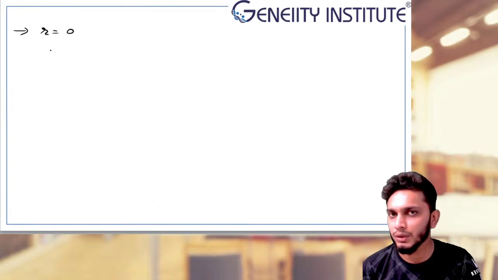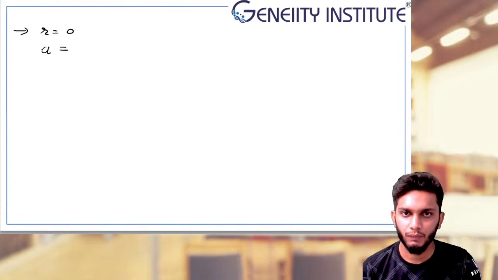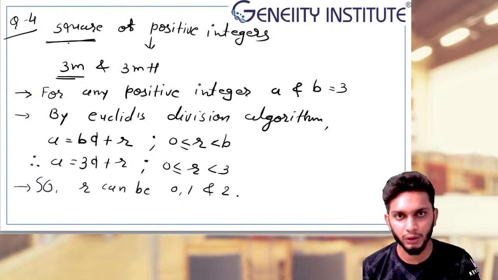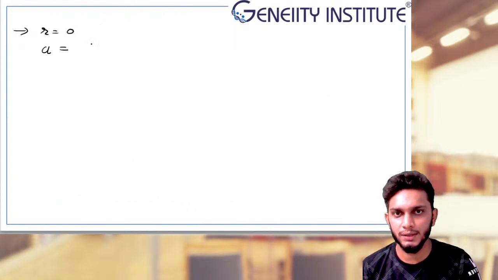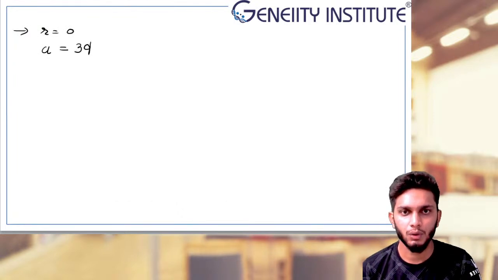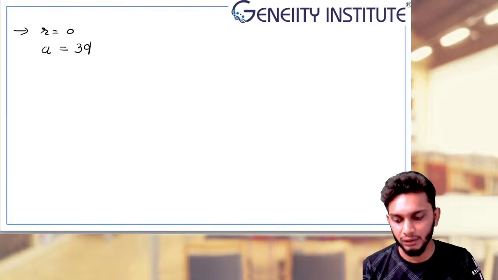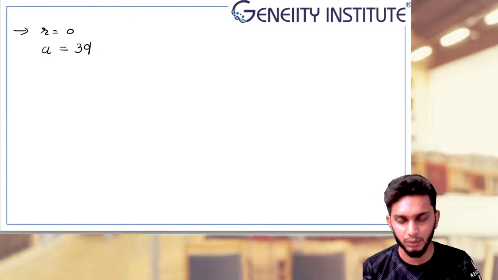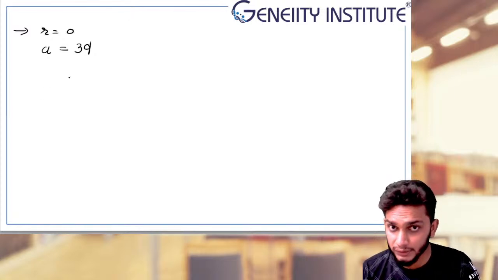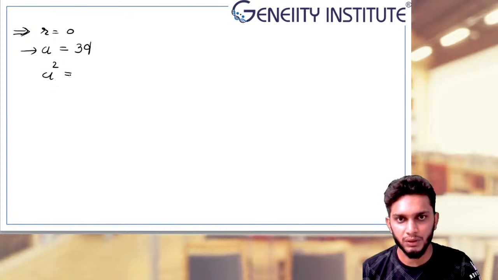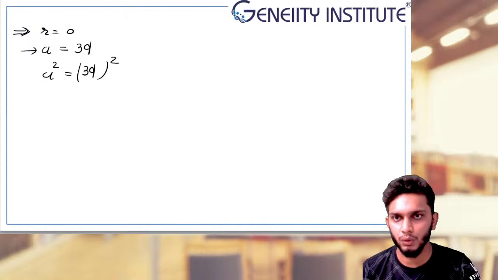Then a is equal to 3q plus r, and r means 0, so a is equal to 3q. But you know that we want the square of that number, so find the square. Here a squared means 3q whole squared.